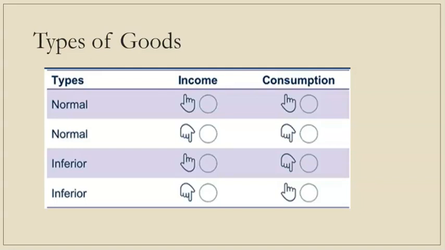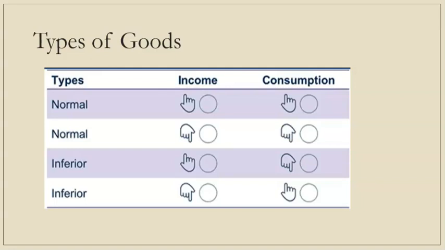So let's look at some types of goods. Right now, let's just call all goods either normal or inferior. So if our income increased, our consumption of a normal good would increase as well. And vice versa, if our income decreased, our consumption would decrease as well for a normal good. But let's see if a good is inferior.